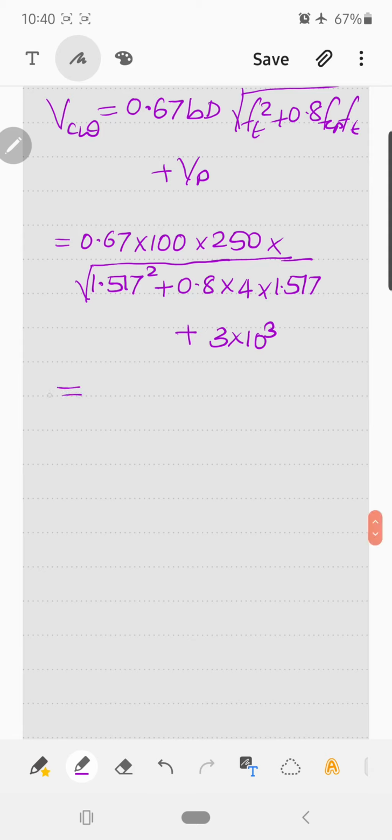If we calculate, we will get VC equal to VCW equals 47.8 kilonewton. Now we'll compare this with V value, which is 40 kilonewton.